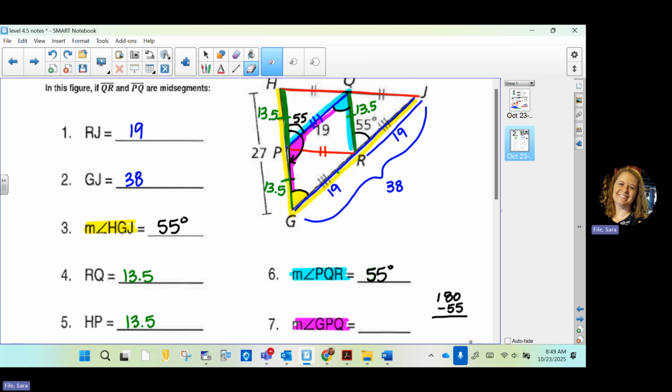What's it going to be? 125, because it was a linear pair with that 55-degree angle. Does everybody understand that? Okay.